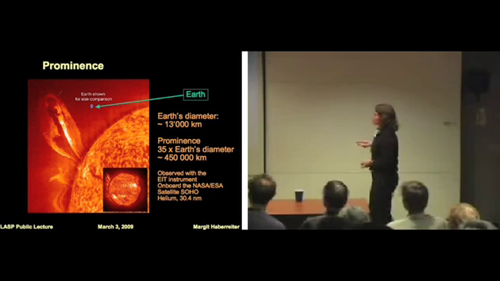This is a huge prominence, observed in the extreme ultraviolet on board the EIT instrument on SOHO. And just to give you an impression, these features can get up to 35 Earth diameters, so they can have a very huge spatial dimension.